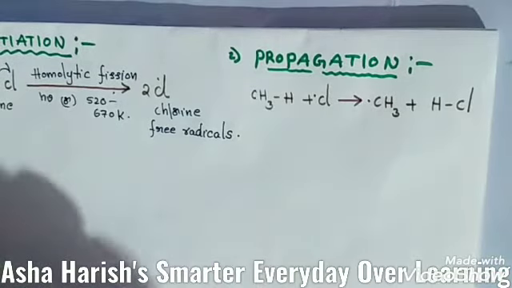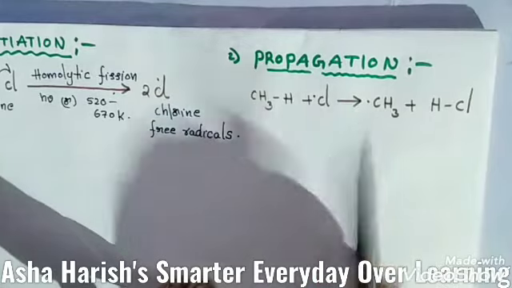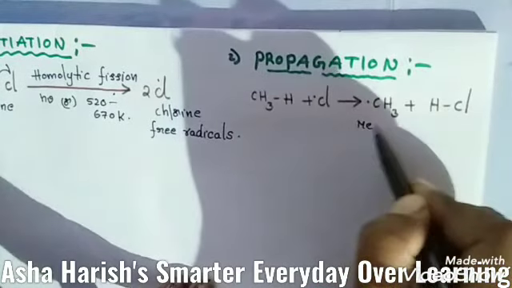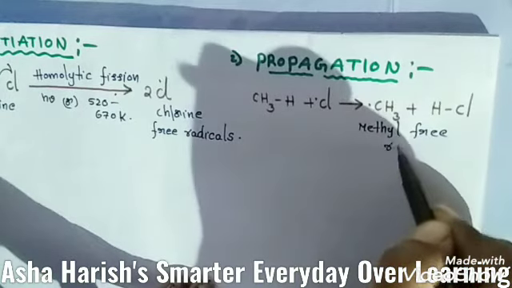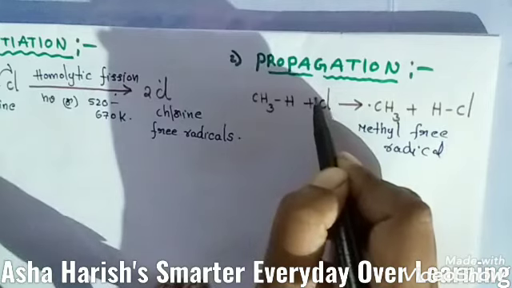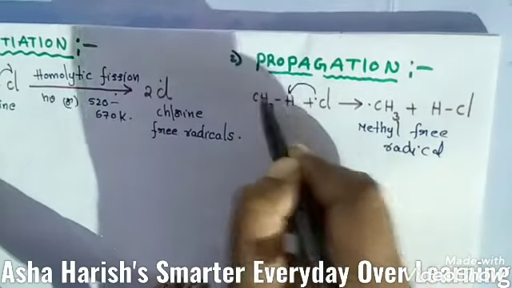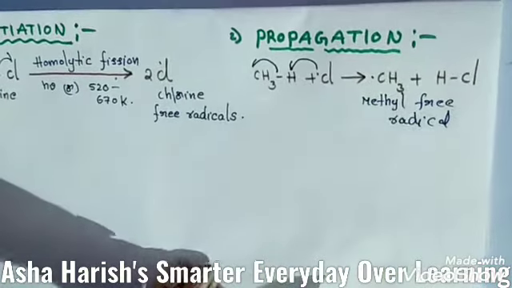This propagation takes place in two steps. In the first step, methyl free radical has been formed. This is methyl free radical. From the shifting of this single electron towards this hydrogen, and here this bond should be like this. So methyl free radical.